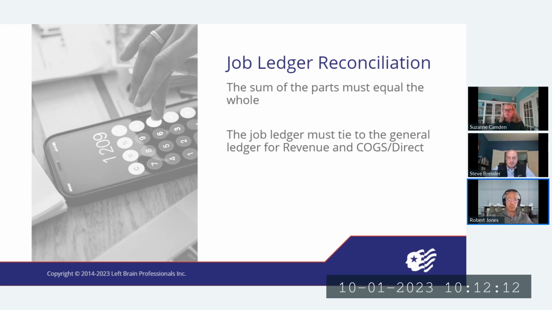We find sometimes that people are doing journal entries at the general ledger level and they're not associating the appropriate project with it. So that causes the discrepancy between the general ledger and the job ledger. And the reverse is true. There are some systems that will allow you to make changes at the job level through a journal entry that don't flow to the general ledger. So you've got to be careful of all of those types of issues.